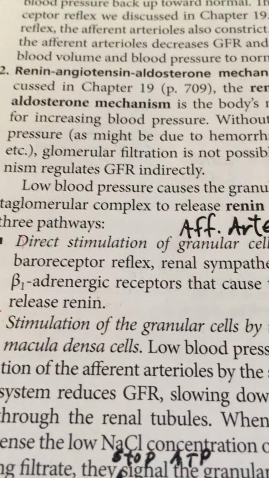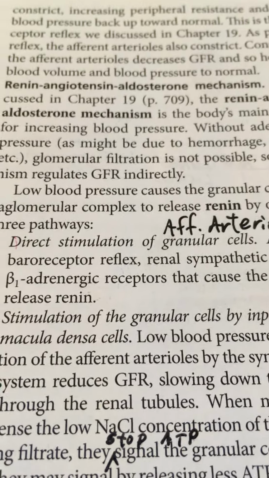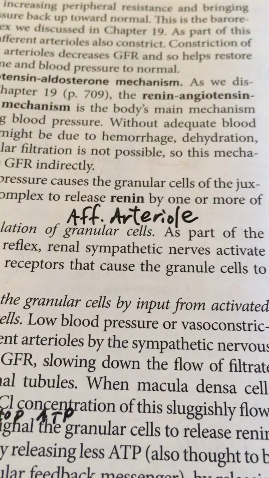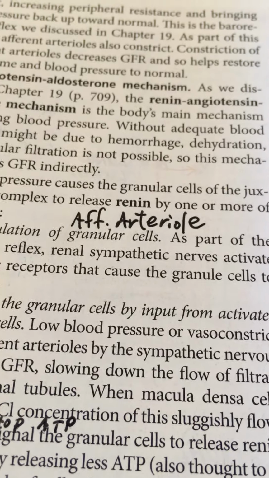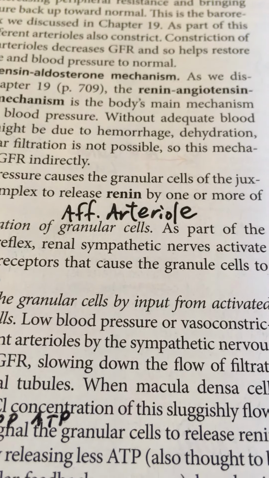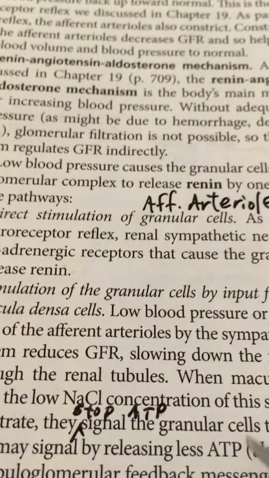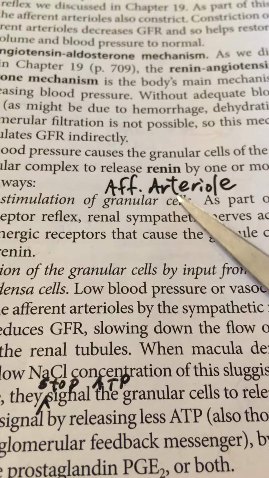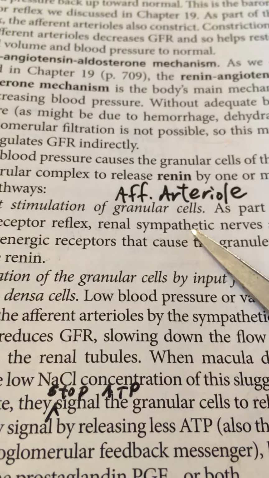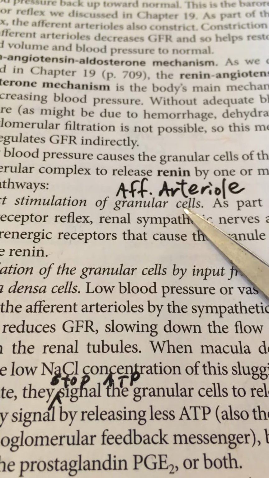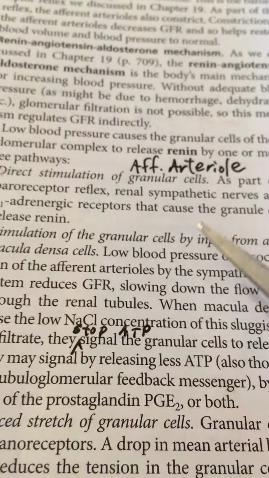And we have to understand both the direct activity of afferent arteriole activation. So the afferent arteriole can directly be releasing renin simply because the blood pressure is too low. With low blood pressure, the granular cells at the afferent arteriole relax and renin is released.